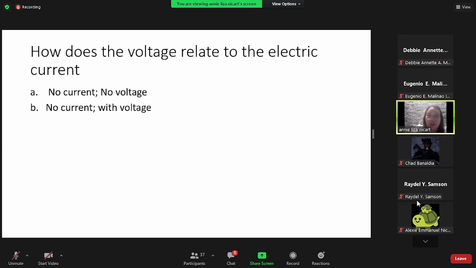Pero kapag yung appliance, hindi mo isaksak, hindi mo i-connect sa outlet, walang electric current na mag-flow doon sa appliance. Like yung electric fan. Pag hindi mo yan isaksak sa outlet, walang electric current na mag-flow sa electric fan. So hindi siya mag-work. Okay? So pwede yung letter B.